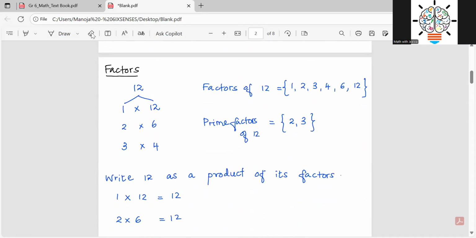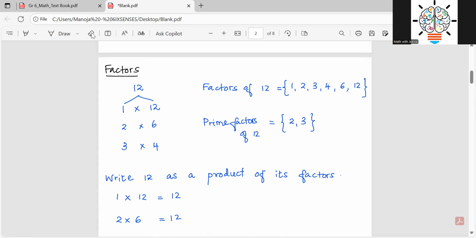When you have a particular number, the different numbers that multiply to give it are called the factors, right? If you take the example 12, 1 times 12 is 12, right? Then 2 times 6 is 12, right? Then 3 times 4. Likewise, you have options to get 12.